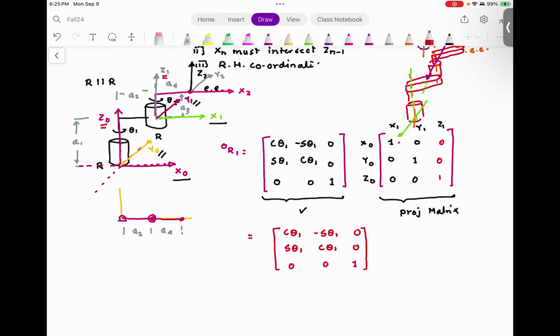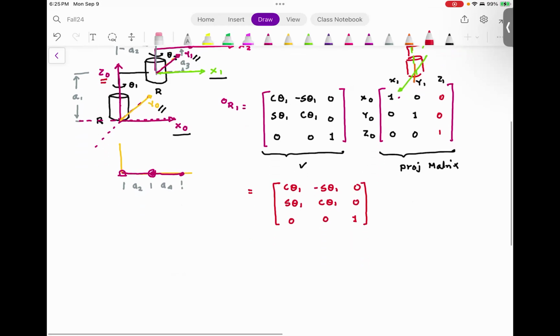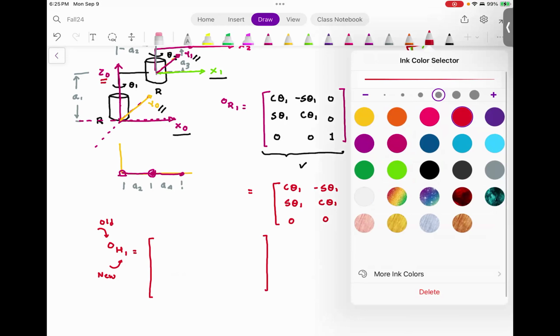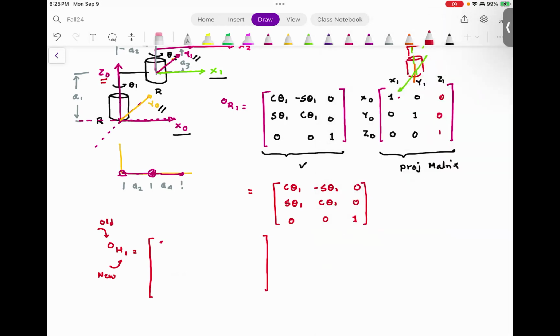And in the last class, I touched upon this. This information is captured in the homogeneous transformation. So the homogeneous transformation is the transformation from the old frame to the new frame, wherein the first 3 by 3 matrix is the rotation matrix: cosine theta 1, minus sine theta 1, 0; sine theta 1, cosine theta 1, 0; 0, 0, 1.